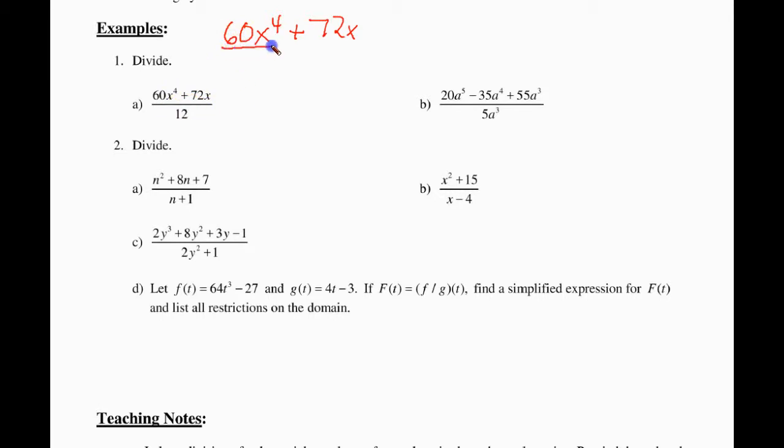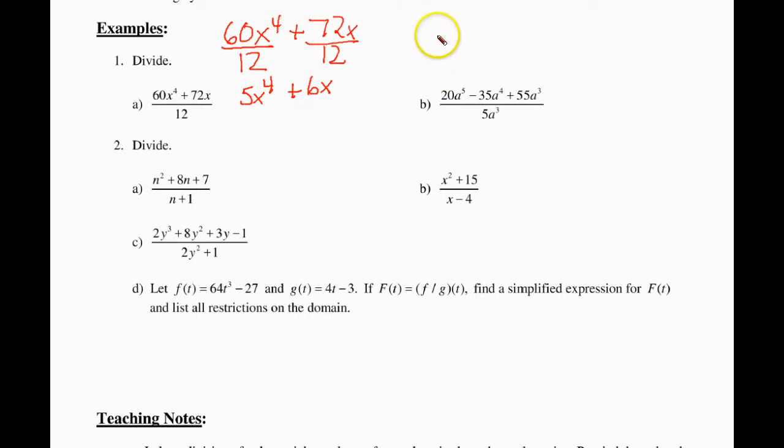So what we do is we put that monomial under each of the terms in the numerator. And now we just simplify. 12 goes into 60 5 times. 12 goes into 72 6 times. And that's as easy as it is.